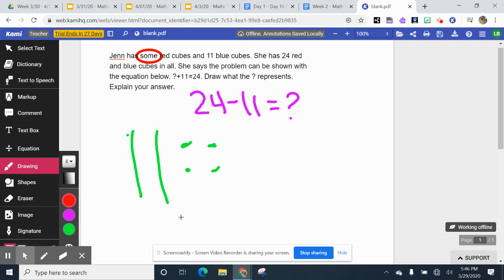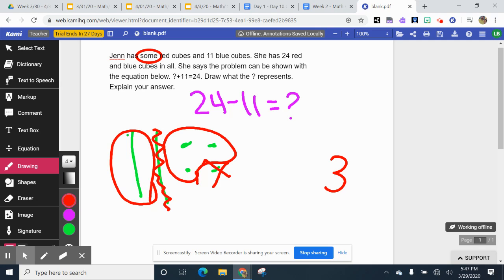So hopefully you knew that we're going to take away 1 one, another 1 one, and then 1 stick of 10. Then we have what left over? How many ones do we have left over? We have 3 ones. How many sticks do we have left over? 1 stick of 10. So it would be 1 stick of 10 plus 3 ones equals 13.